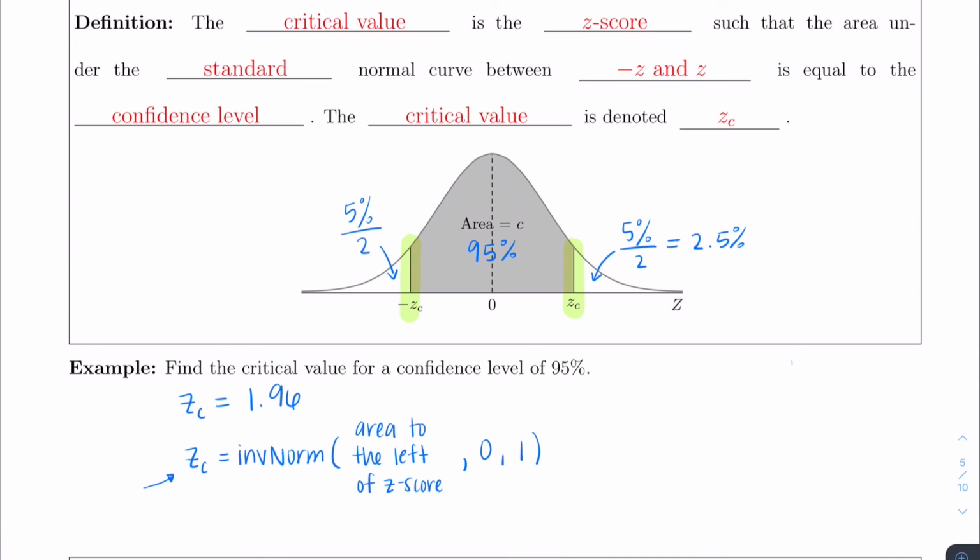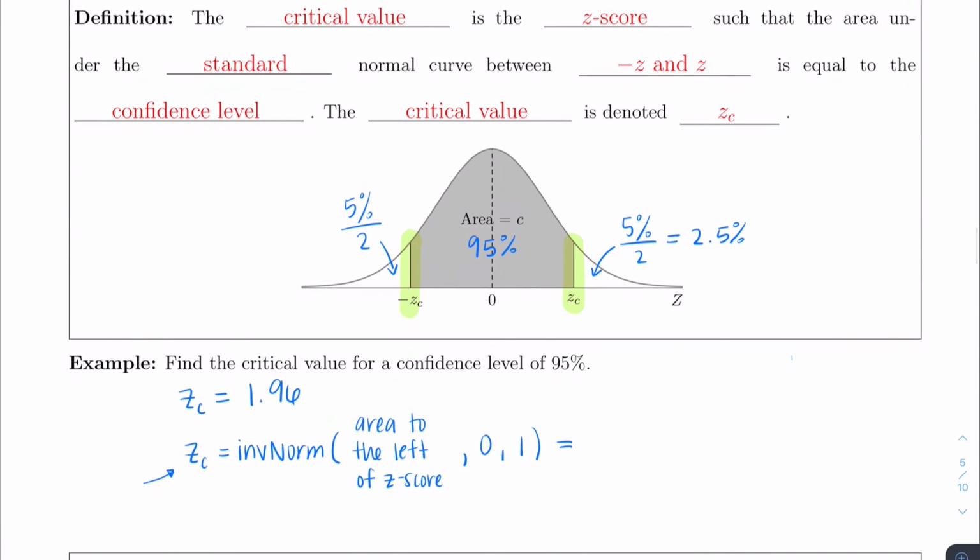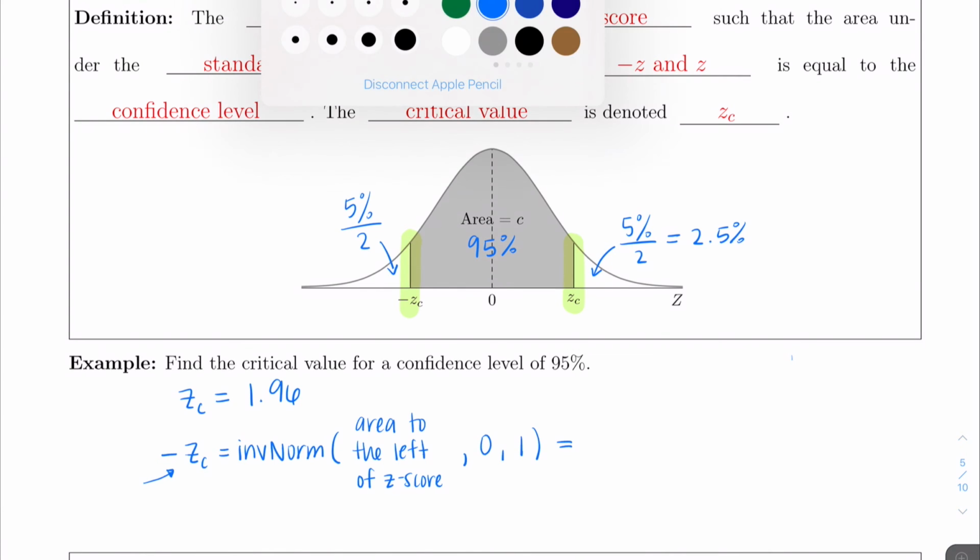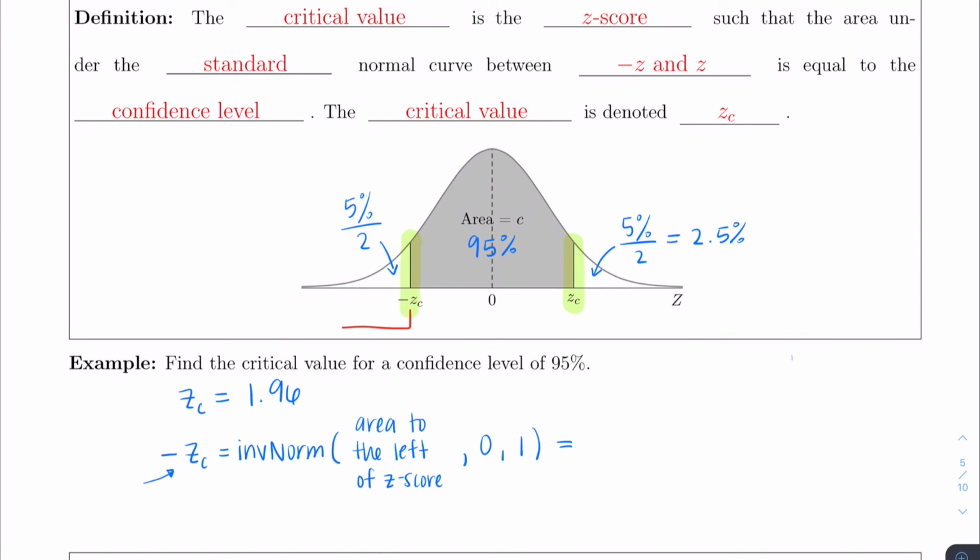So what I'm going to do is find the negative version, negative z sub c. If you look at the chart that we have up here, the area under the curve to the left of negative z sub c is given by this 2.5%.